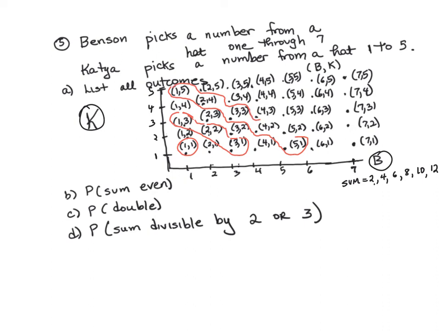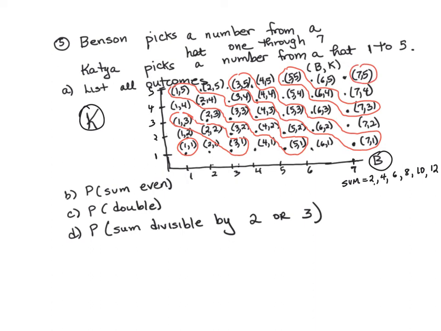Let me see if I could try to include all of these points. Okay. The sum of 8, again, is a diagonal, and the 8 is here. The sum of 10 is this diagonal. And of course, the sum of 12 is just this point.